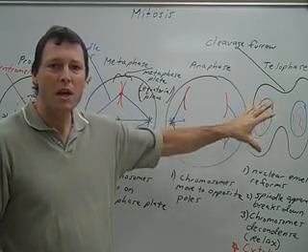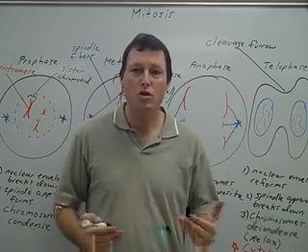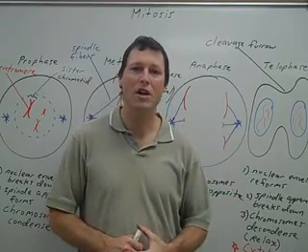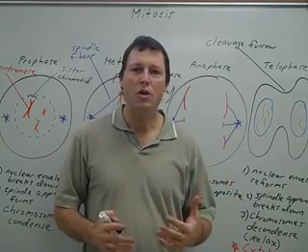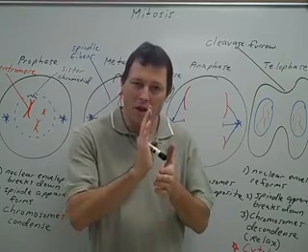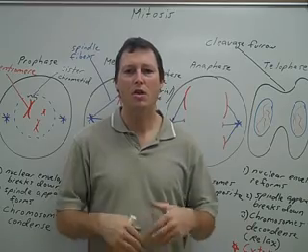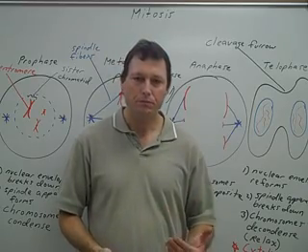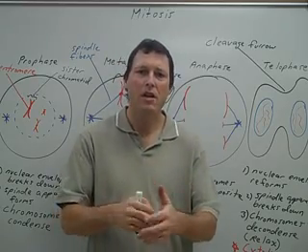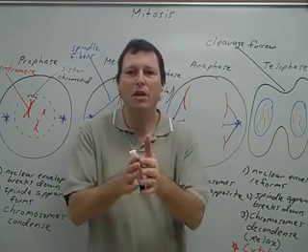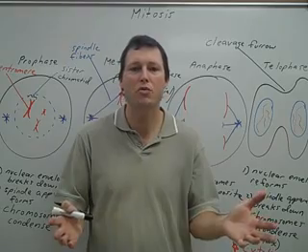Plant cells can't do that because they have a cell wall, which is rigid. So the same mechanism isn't going to work here for a plant cell. A plant cell is going to form a cell wall right down the middle of that cell. And that immature cell wall is going to be called the cell plate. And as we build this cell plate, eventually we're going to separate that cell into two compartments, two individual cells.